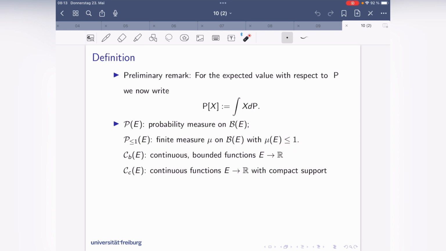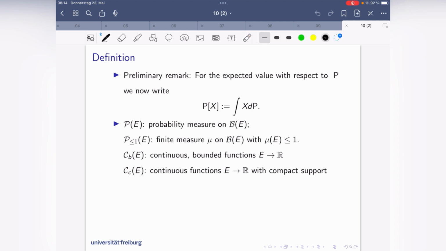Weak convergence is tied very closely to one space of functions, and vague convergence is tied to another. For weak convergence, we will need the continuous bounded functions from E to R. And for vague convergence, the continuous functions with compact support.